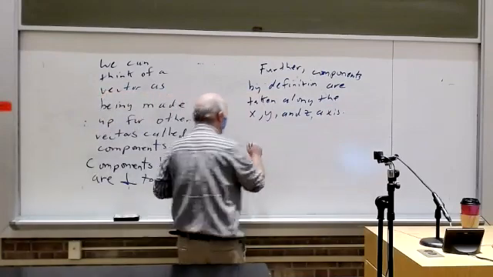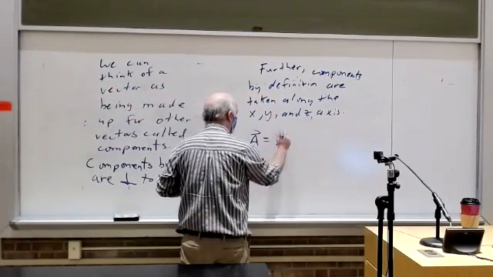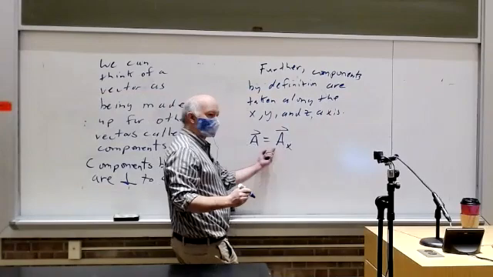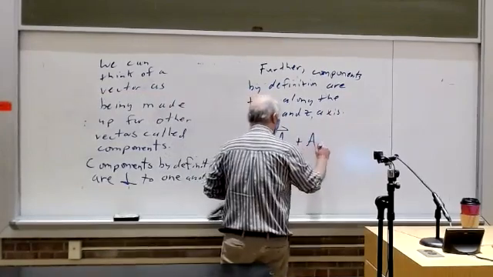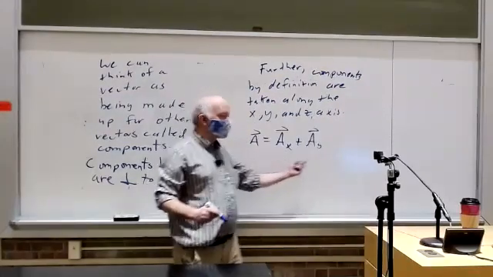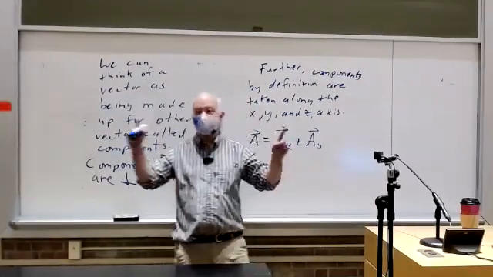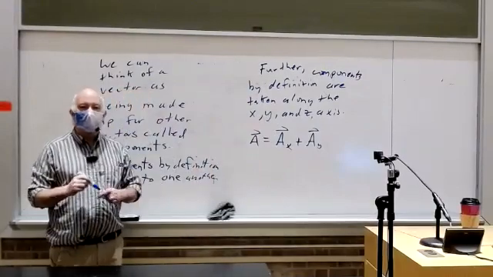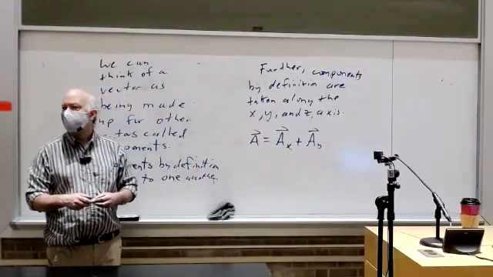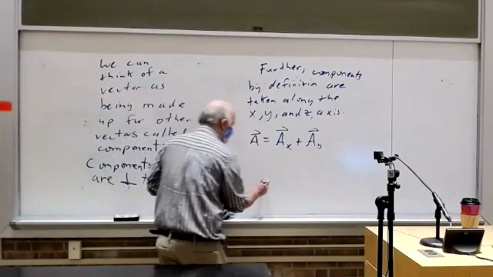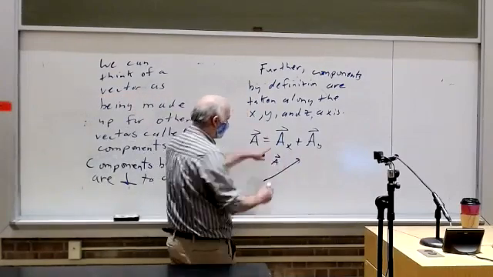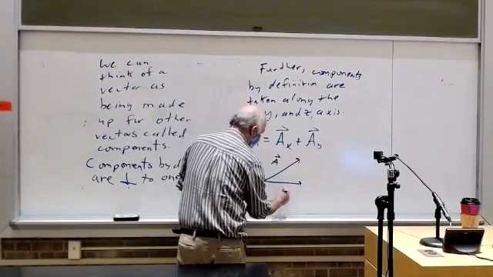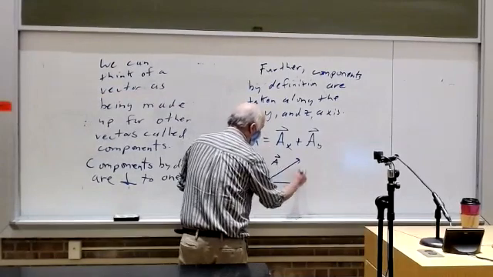So that means I can write a vector A as having some x component plus some y component. In principle, there would also be a z component, but I'll put it in a little bit later, not right now. Okay. Any questions with that? So if I write a vector A like this, my x component is this fellow. My y component is like this.